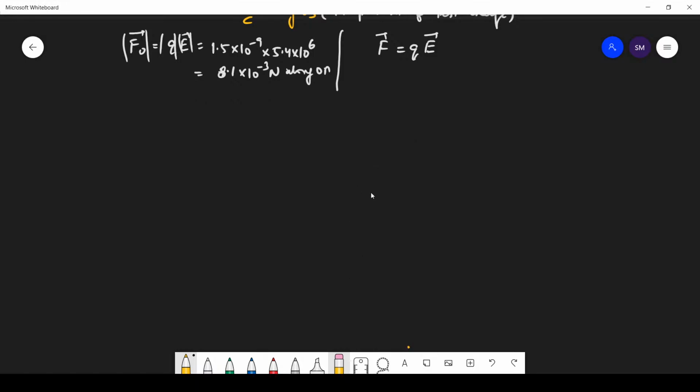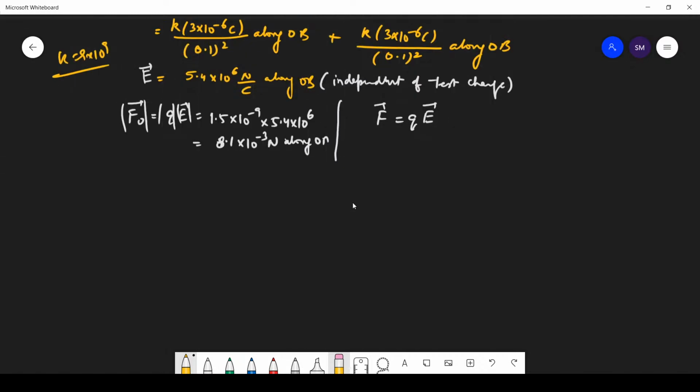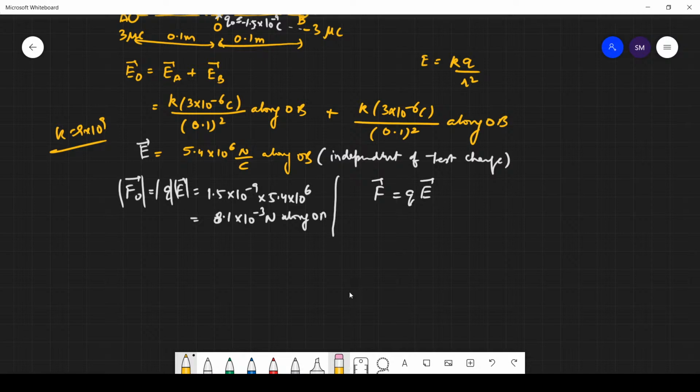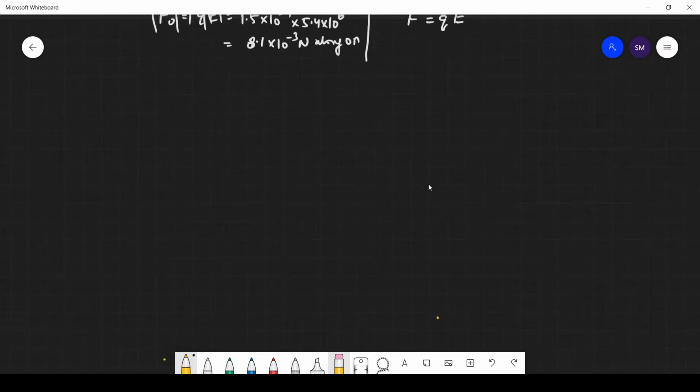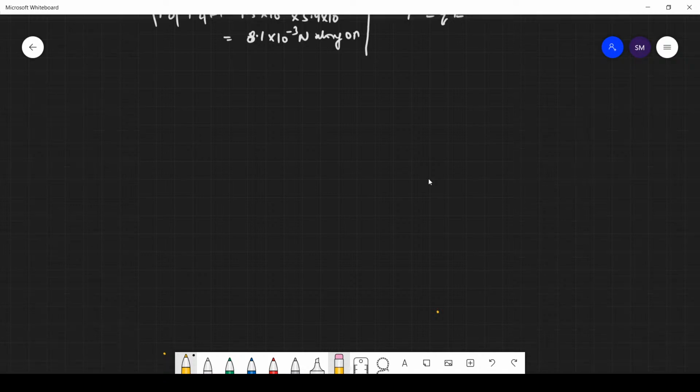Last time we did the numericals up to 1.8, and now we'll start with the 9th numerical, 1.9.